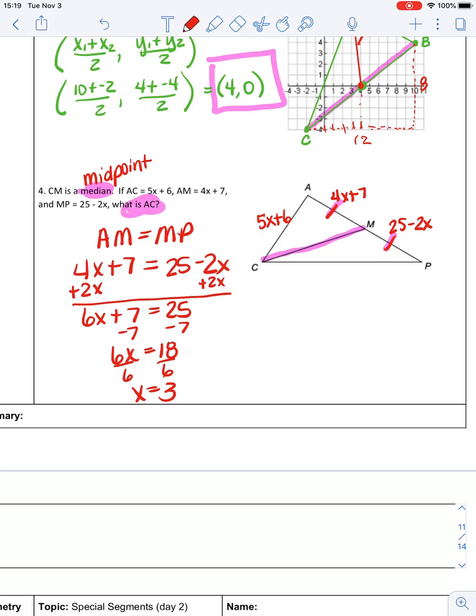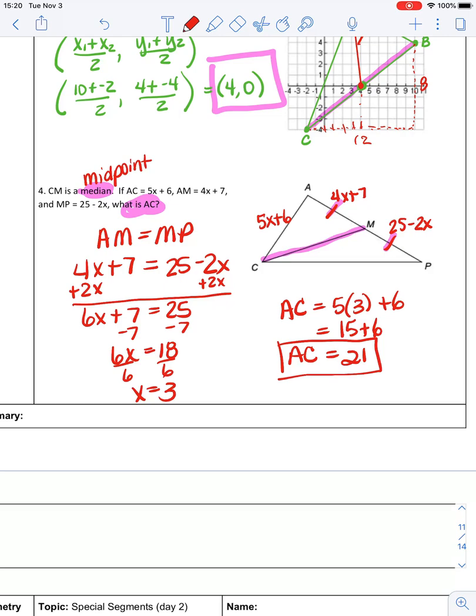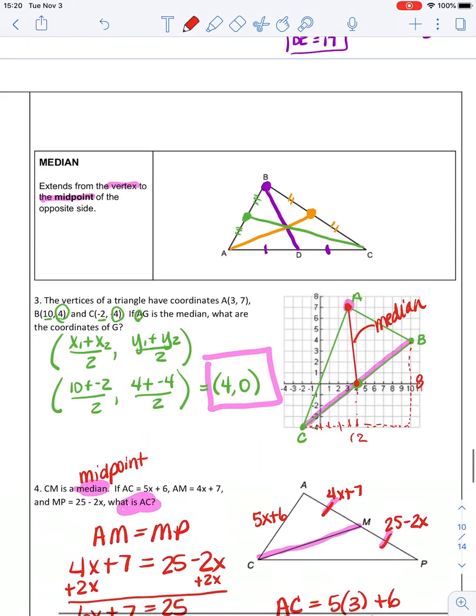Well, AC is 5 times x plus 6. I just found out that x was 3, so it would be 5 times 3 plus 6, which is 15 plus 6, which is 21. So AC is 21.